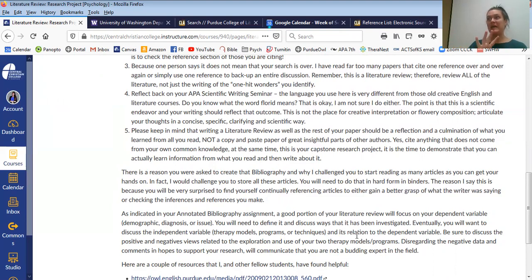That's why I say read it, highlight it, and then read the highlighted parts and then write your annotated bibliography. But put the article away, then write your annotated bibliography. That practice alone will really re-solidify in your brain what you learned out of the article.